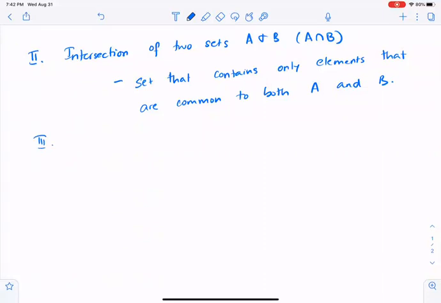Third case, the complement of the set. Now keep in mind, I mentioned earlier, anytime we have complementary sets or we have complements, we need to know what the universal set is.